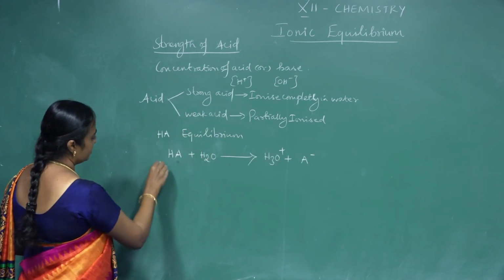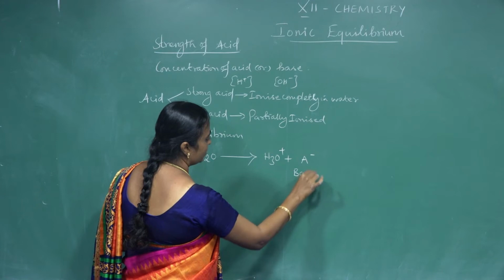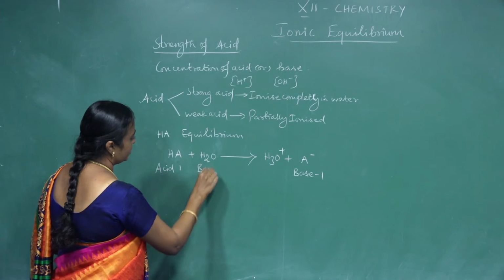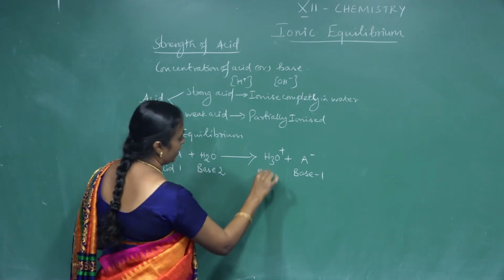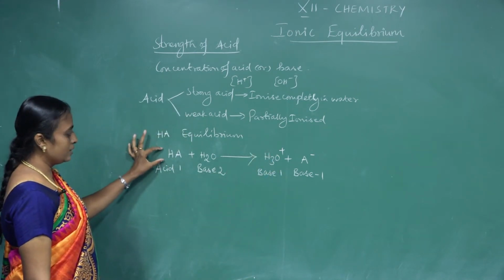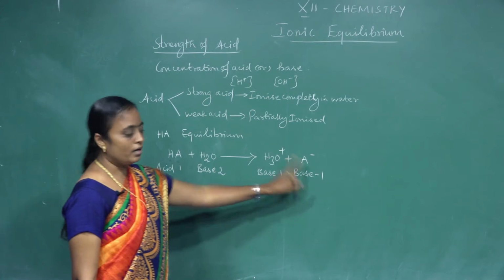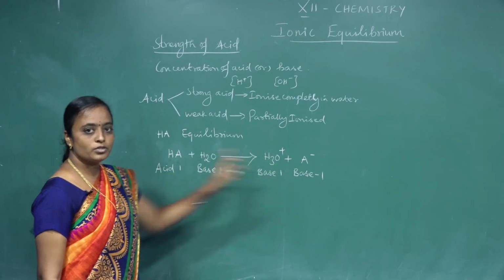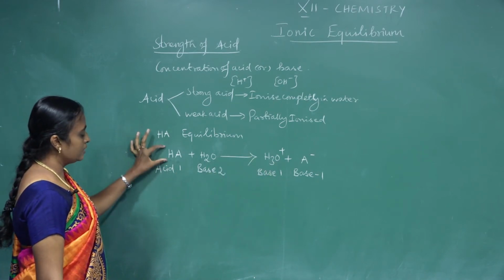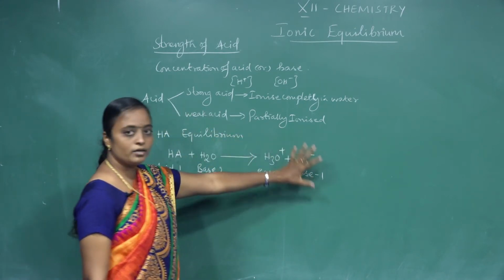Here I take this one as acid 1 and this one as base 1. If you take water as base 2, take the hydronium ion as acid 2. Usually if I take any acid and remove a proton from it, you get an anion. This is the conjugate base of that particular acid. So if you take one acid, it will be ionized and you will get a hydronium ion and the respective anion will be produced.